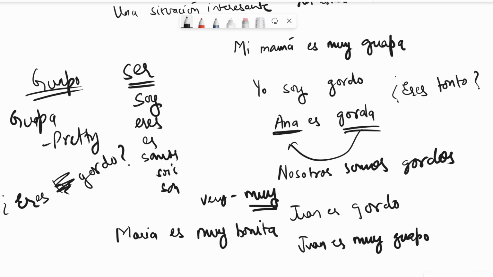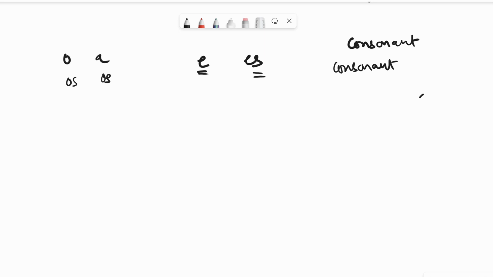So again, remember all the adjectives that end in O have four forms, and most of the adjectives that end in E only have two forms. So if your adjective is ending in O, four forms, four endings, O, A, Os, As, ending in E only two endings. If your adjective ends in a consonant, again you only have two forms, consonant and consonant plus es.